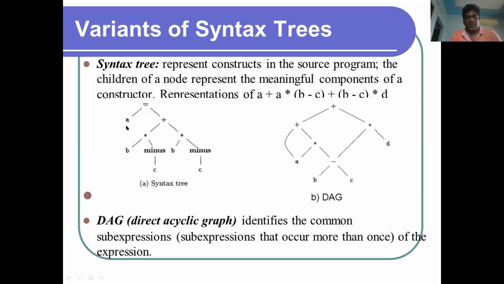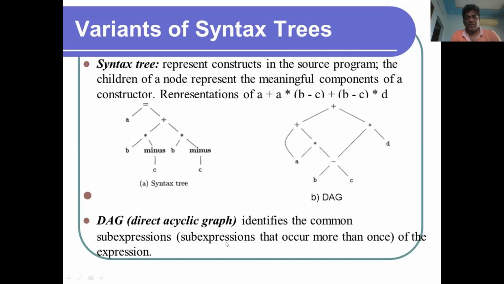Okay, and also actually this common sub-expression, if you can separate it and represent it as a single entity, then it becomes a variant of syntax tree called as directed acyclic graph. So remember this name. Directed acyclic graph is a variant of syntax tree where it identifies the common sub-expressions.